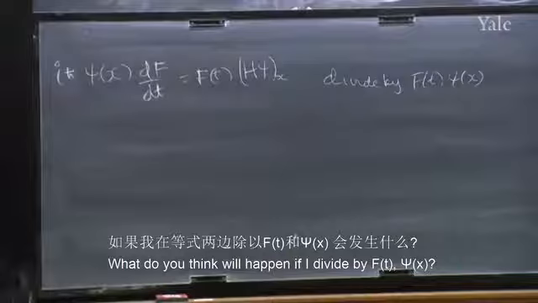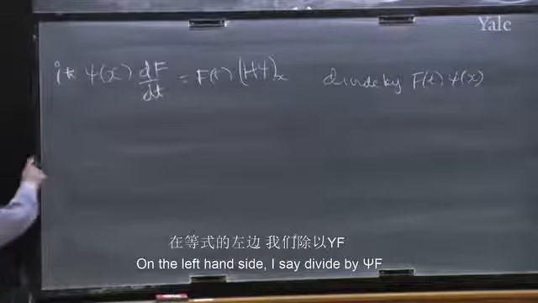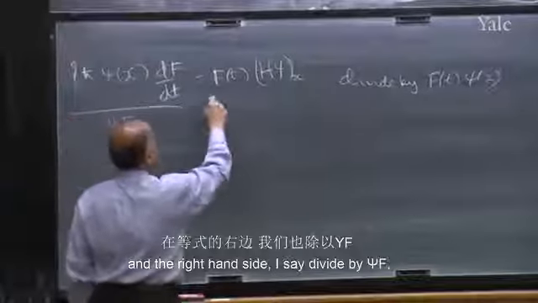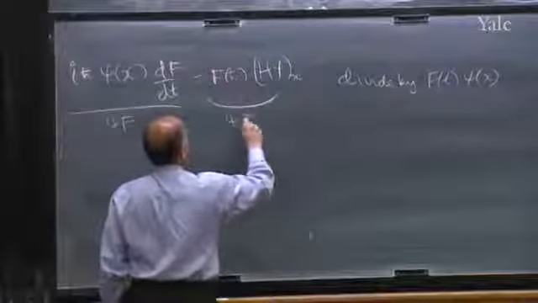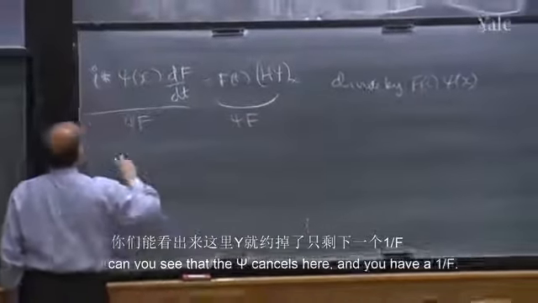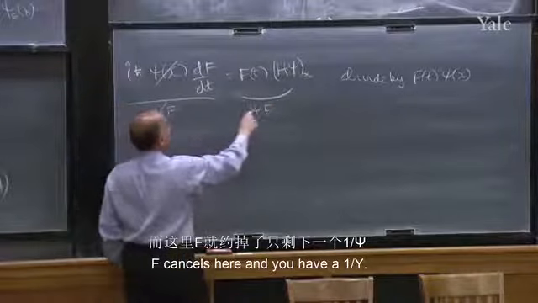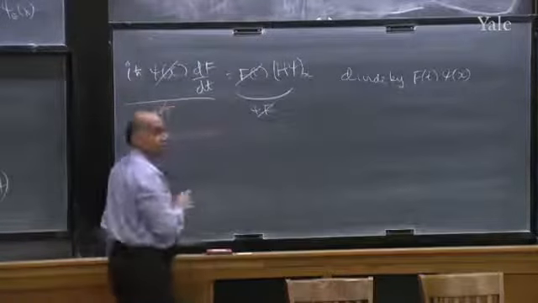What do you think will happen if I divide by f of t psi of x? On the left-hand side, I say divide by psi f. And the right-hand side, I say divide by psi f. Can you see that the psi cancels here? You have a 1 over f. f cancels here, and you have a 1 over psi.